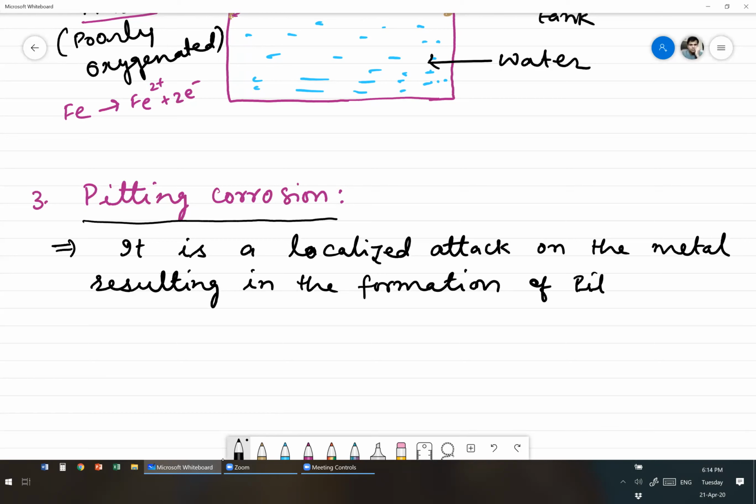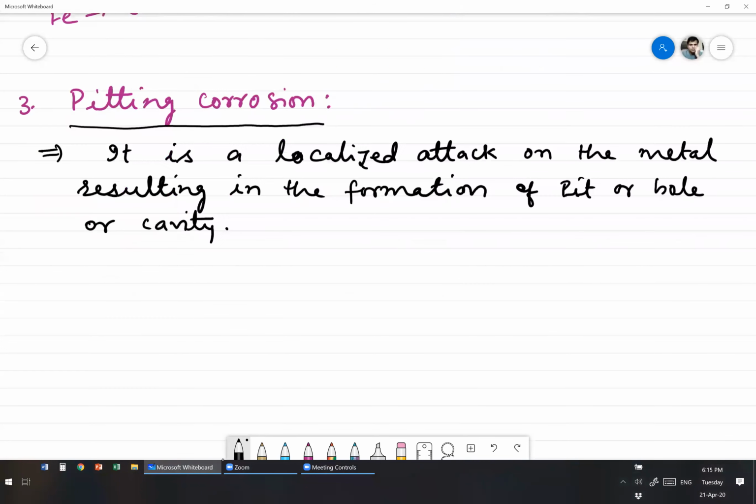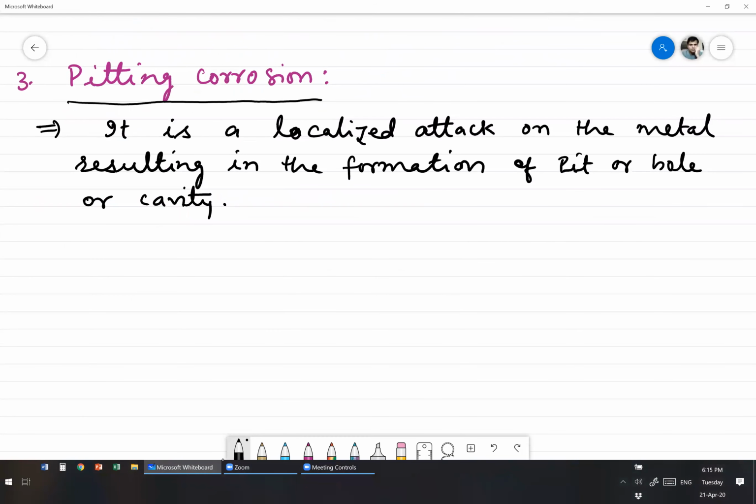Pit or hole, or you can say cavity. In other words, this type of corrosion is confined to a point or small area.